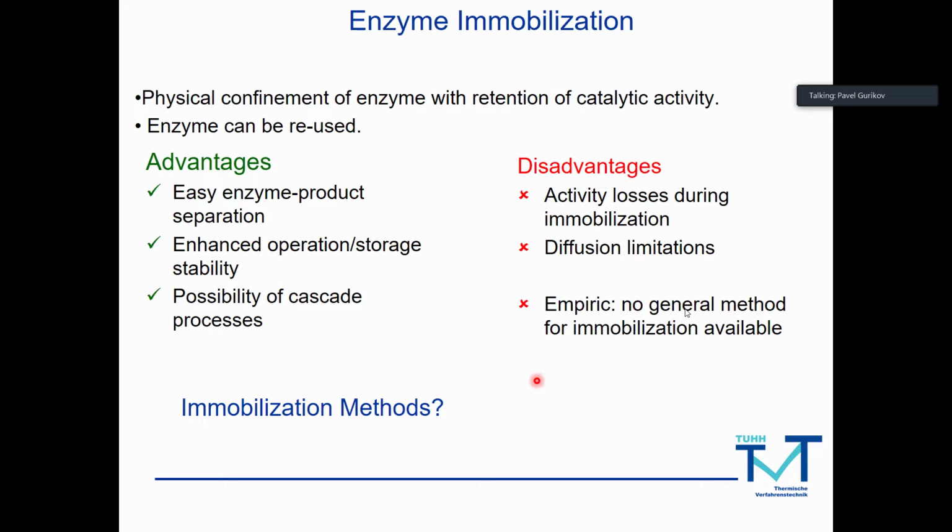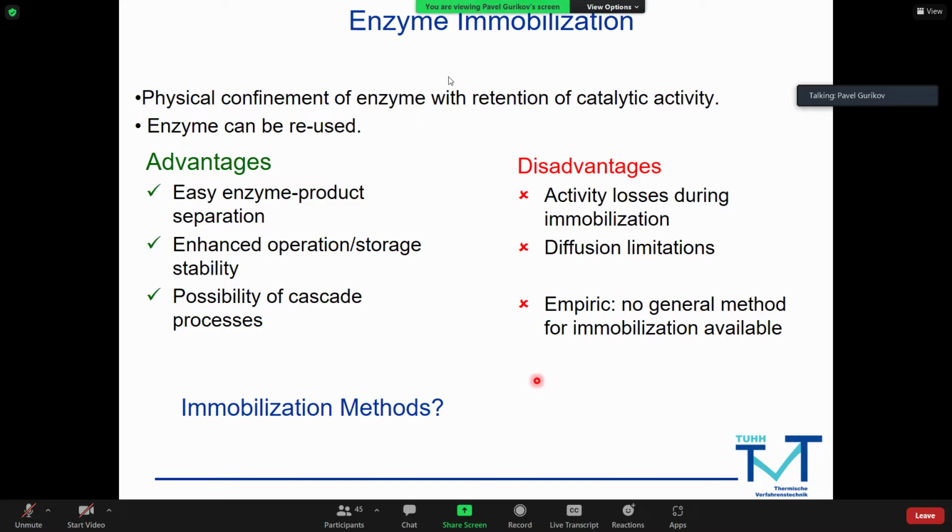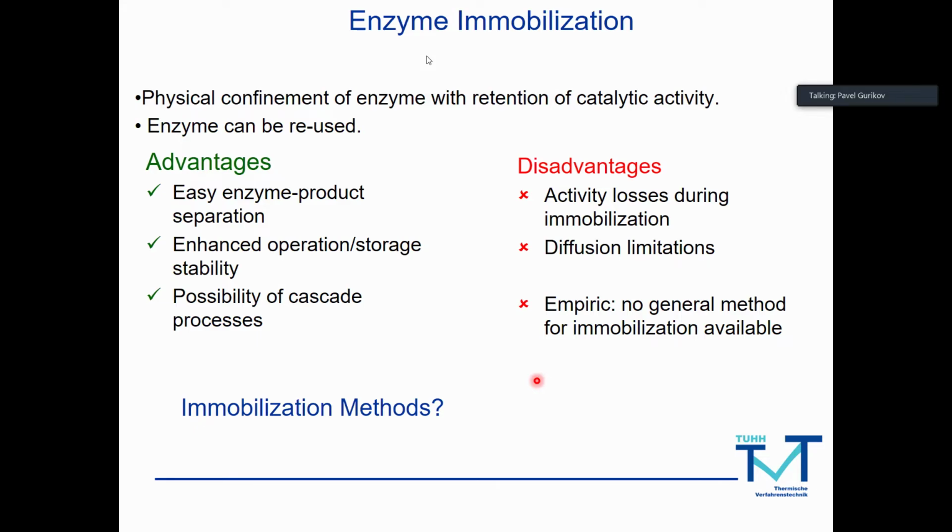And that's why we first came to face the problem of immobilization of enzymes. Of course, if you have an enzyme loaded into a solid matrix and the enzyme remains active, then you can always reuse this block.